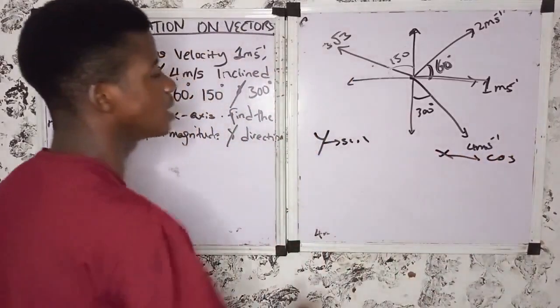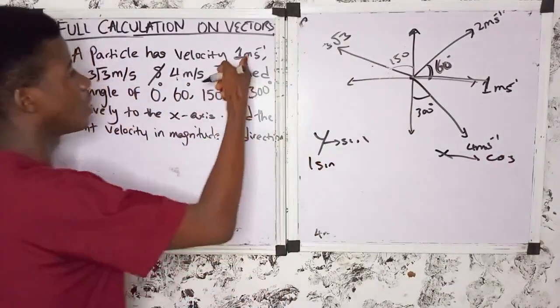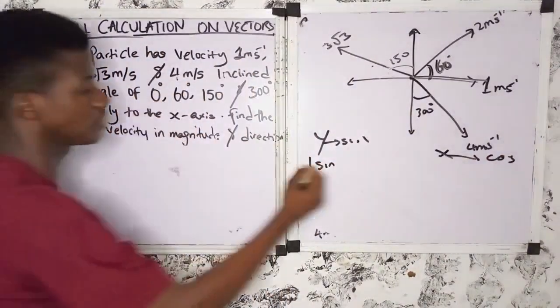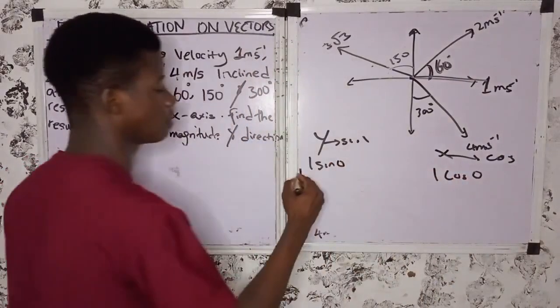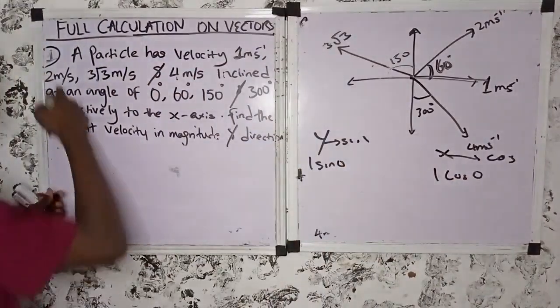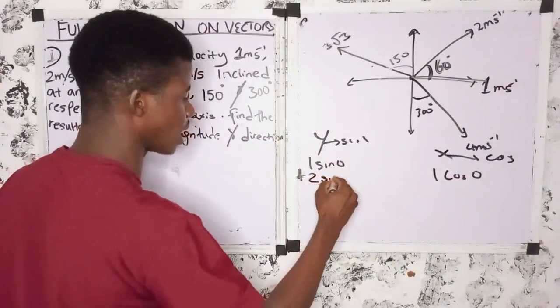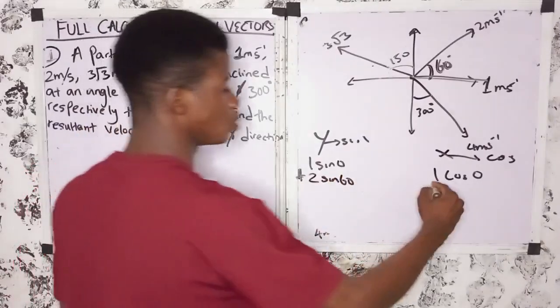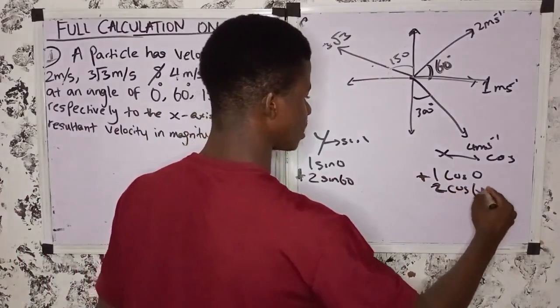So let's start with one. One will be sine what? 1 is inclined at 0 degree, right? So sine 0 degree. Here will now be 1 cos 0 degree. Then plus 2 is inclined at 60 degree, so you just use 2 sine 60 degree, plus 2 cos 60, right?